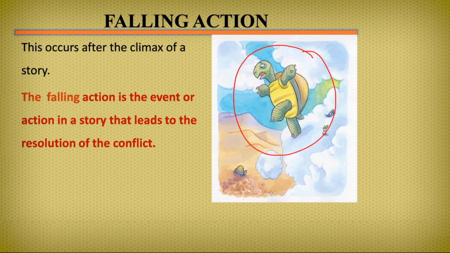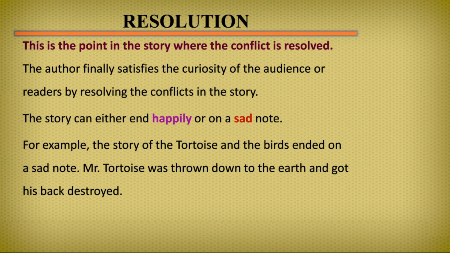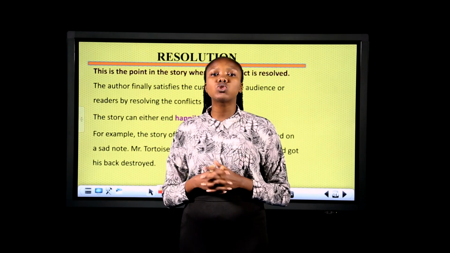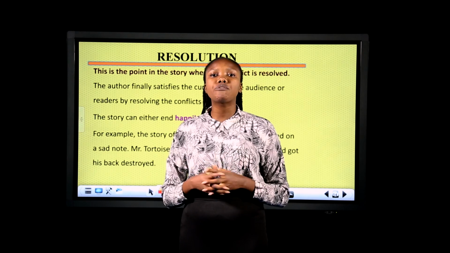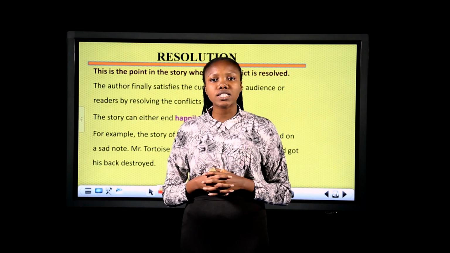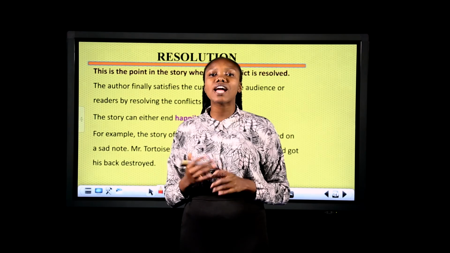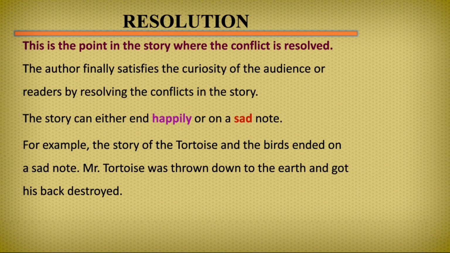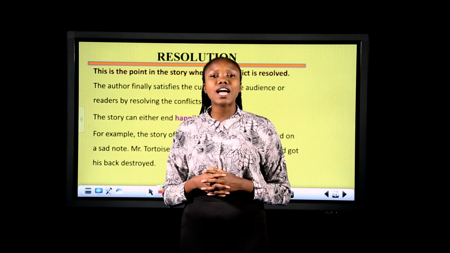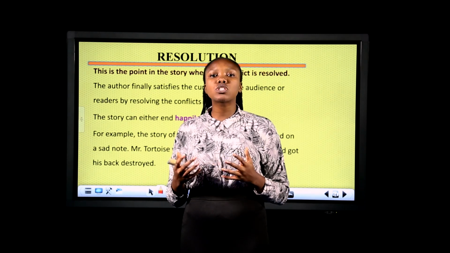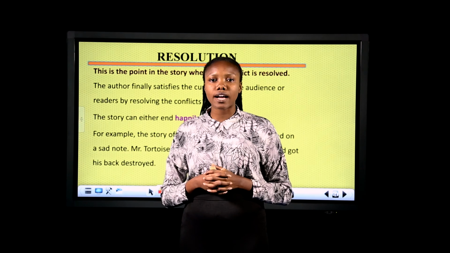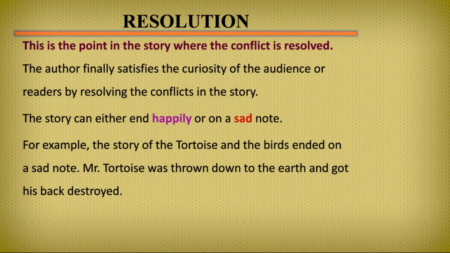Finally, we have resolution. This is when the story comes to an end. The author satisfies the curiosity of the audience or readers. The story can either end happily or on a sad note. For the story of the tortoise and the birds, it ended on a sad note because Tortoise finally lost his back, or rather his back was broken.